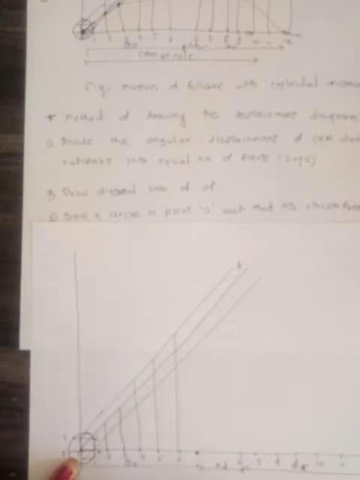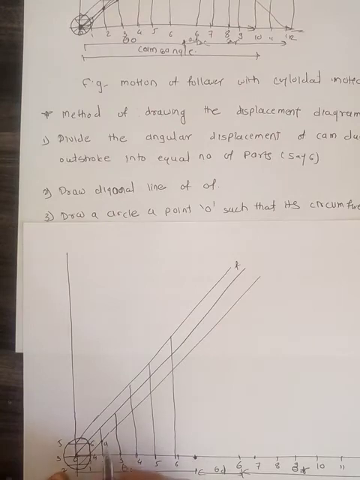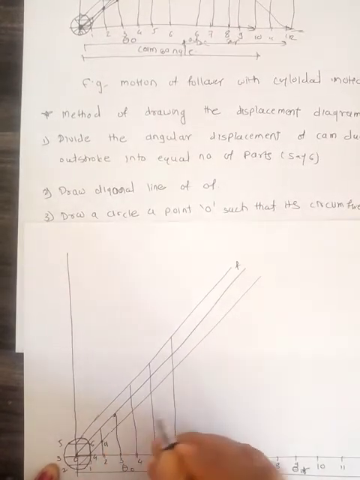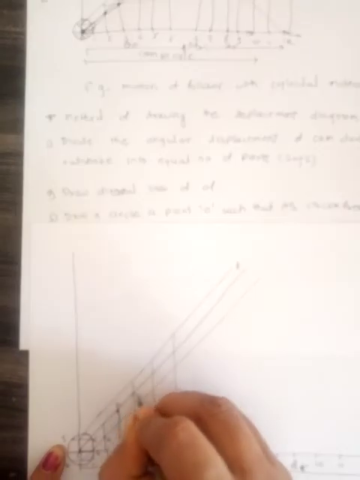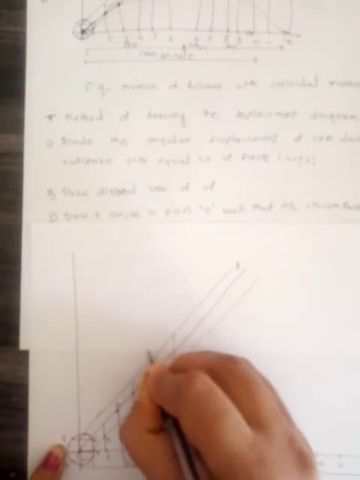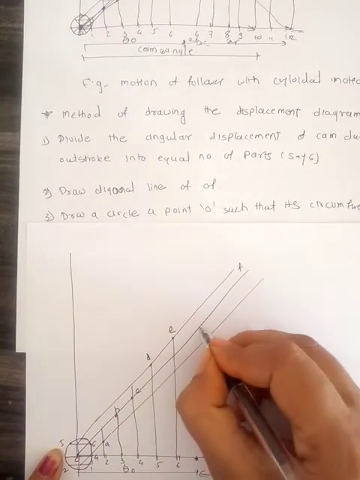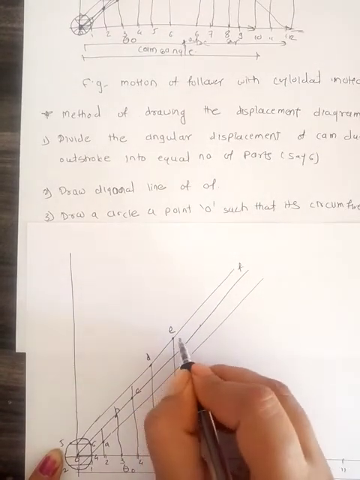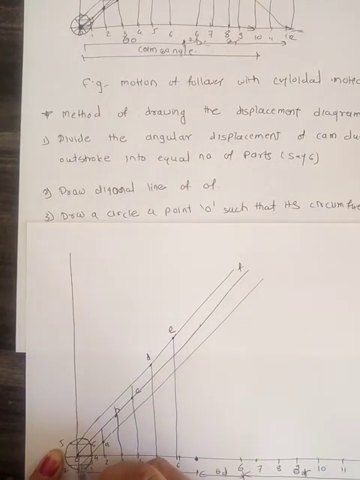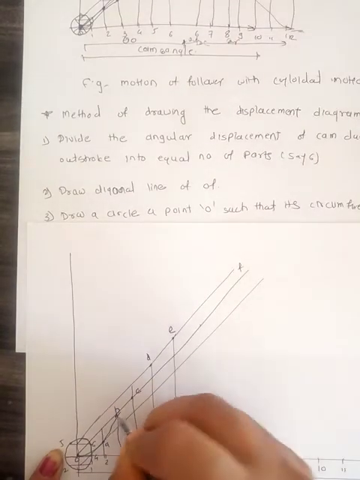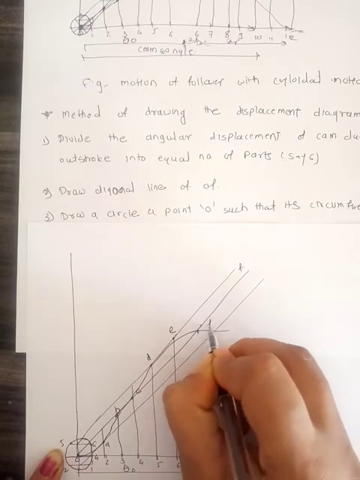Okay. 1, 2 means A. 3 and 4 is B. 4 and 6 is C. This is D. This is E. Draw this curve up to E. This is F.